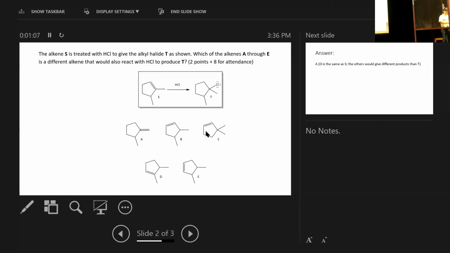Oh, wait, no, I have to start it, I guess. There we go. Now that I've started it, you should see it. So the question is asking you, boy, people are quick. You're looking for an alkene that's different from this, that if you treat it with HCl also will give you the same compound. Can those of you in chat see the question now?